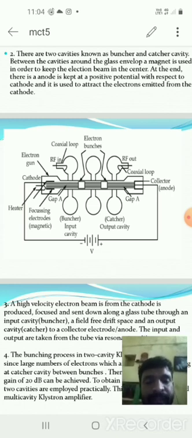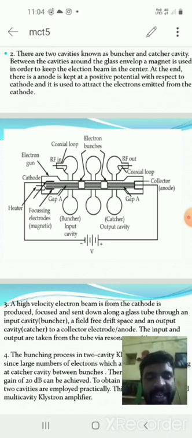In this diagram, we have two or more cavities. First, we discuss two cavities. The first one is the buncher cavity, that is the input cavity. The last one is the catcher cavity, that is the output cavity. In the buncher cavity, the RF input, a radio frequency input signal, is given.